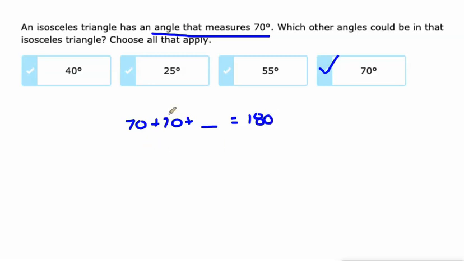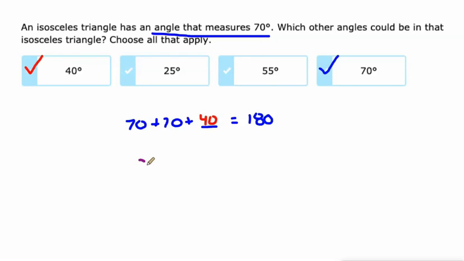So that would be 70 and 70 makes 140, and then 140 plus another 40 would give us 180. So we could actually have a 40-degree angle as well. So you could have two 70s and a 40.